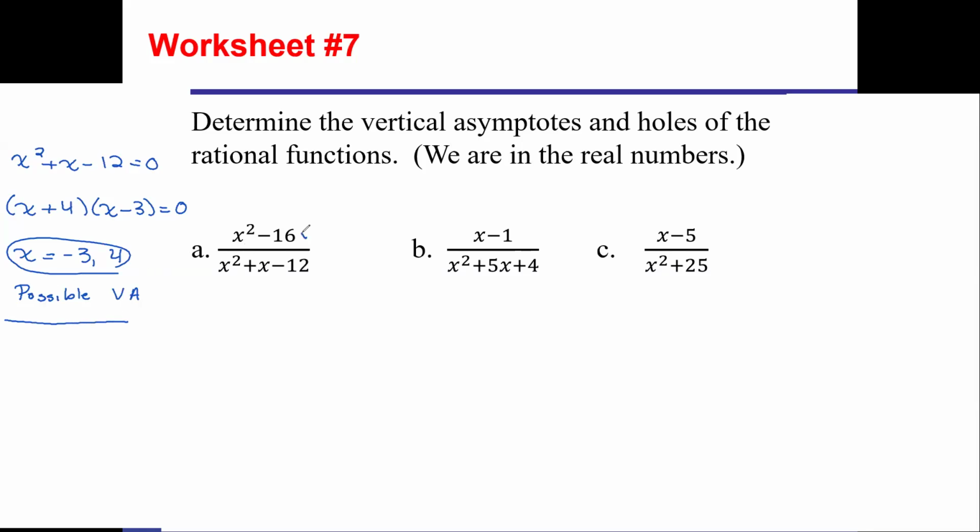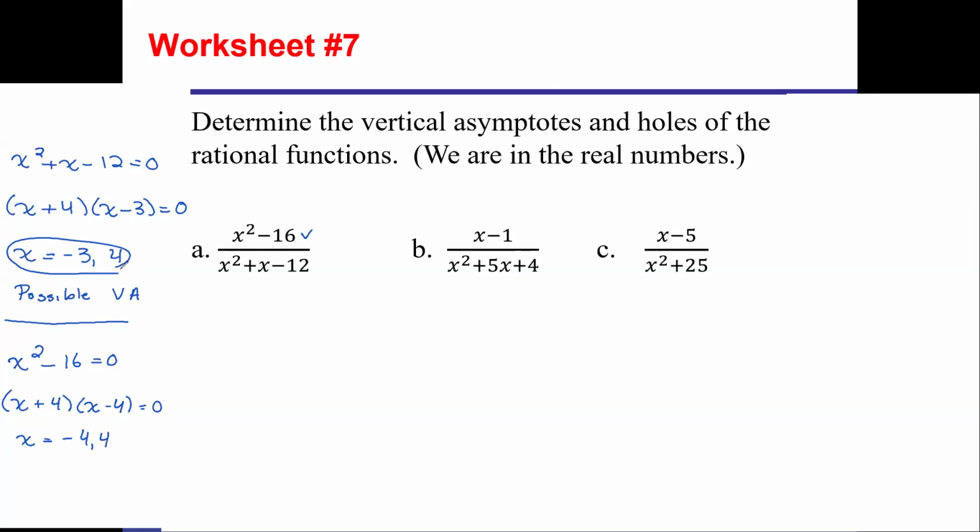Second, we have to look at the numerator and see if it shares a zero with the denominator. My numerator is x squared minus 16, which you can factor. It's a difference of squares, so it'd be x plus 4, x minus 4. So my zeros would be negative 4 and 4.